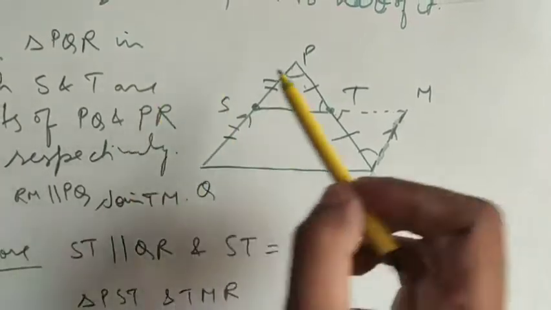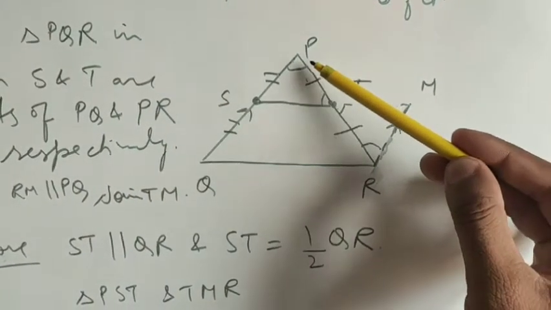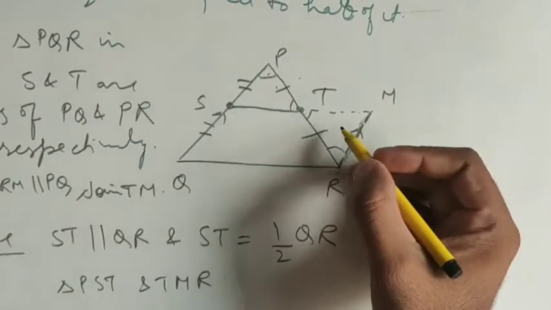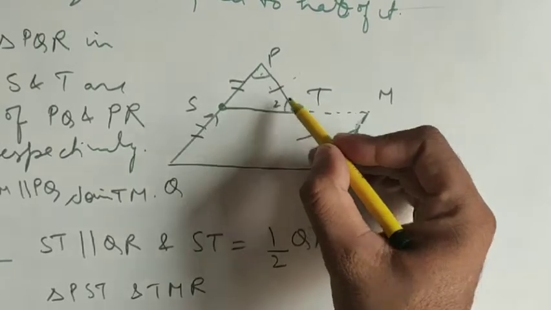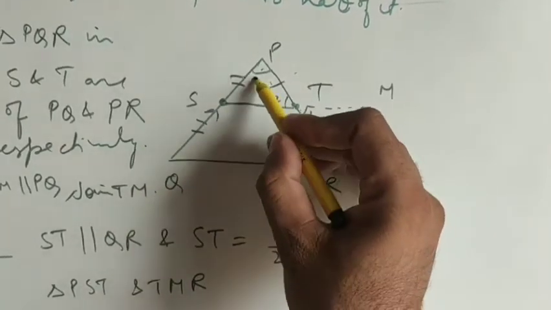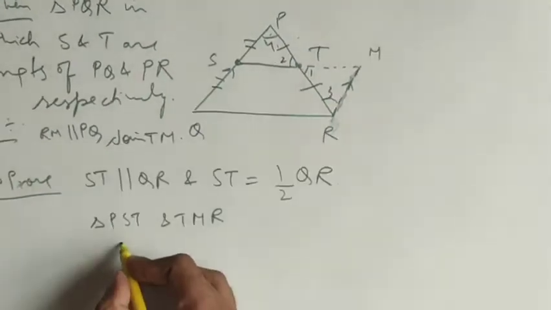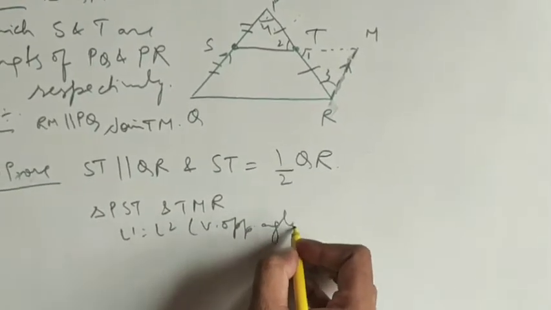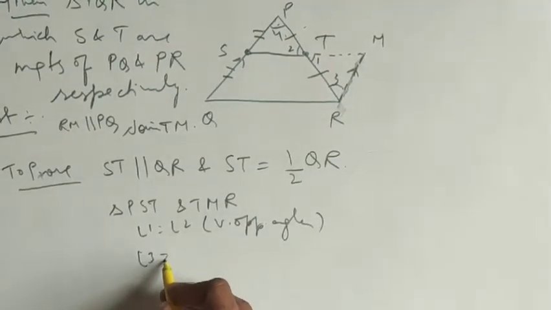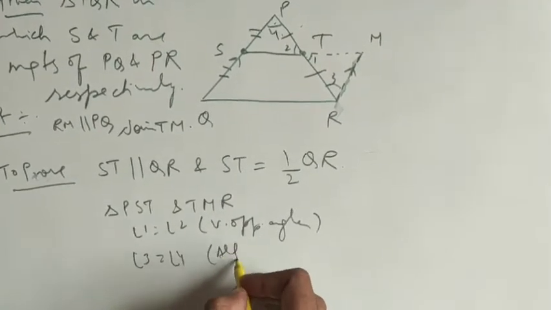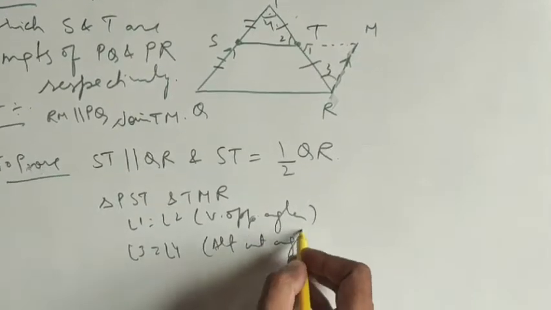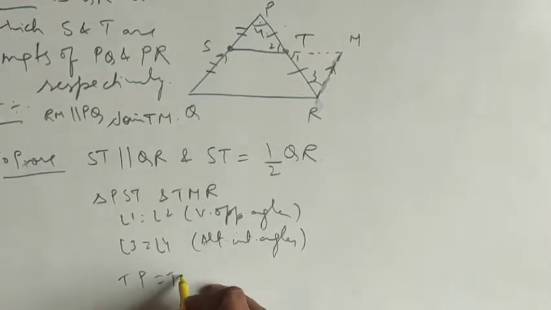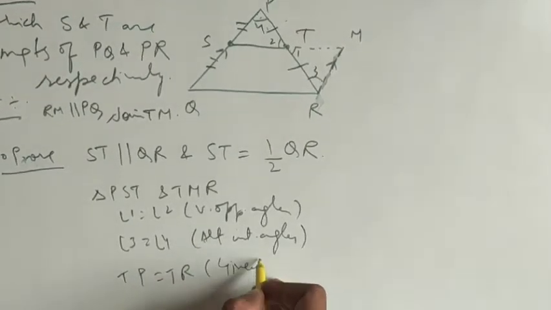So the triangles will be congruent by ASA, angle, side, angle. I am putting this as angle 1, this is angle 2, suppose this is angle 3, this is angle 4. So I am writing here angle 1 is equal to angle 2 because these are vertically opposite angles, and angle 3 is equal to angle 4 because they are alternate interior angles, and I am also writing TP is equal to TR because this was given to us.